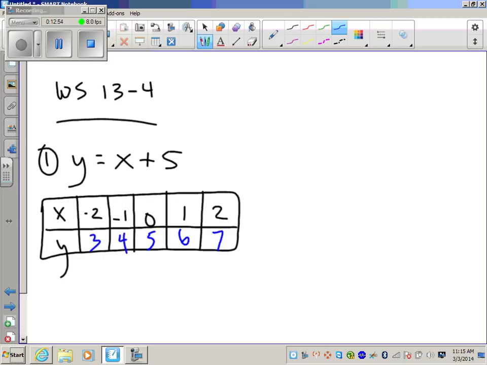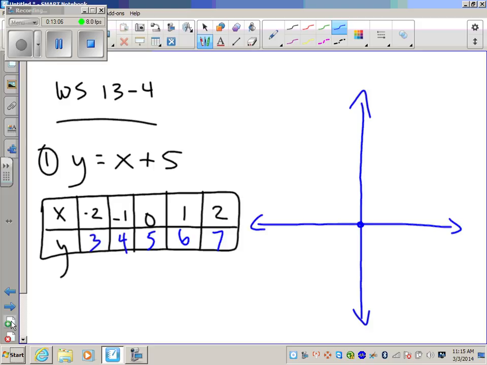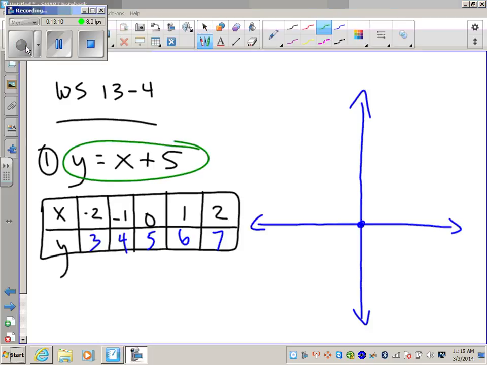Now, right underneath it, they give you a mini grid. So you're going to use that grid right now and graph these points. Do that right now. Did you write that on your line? Your straight line.